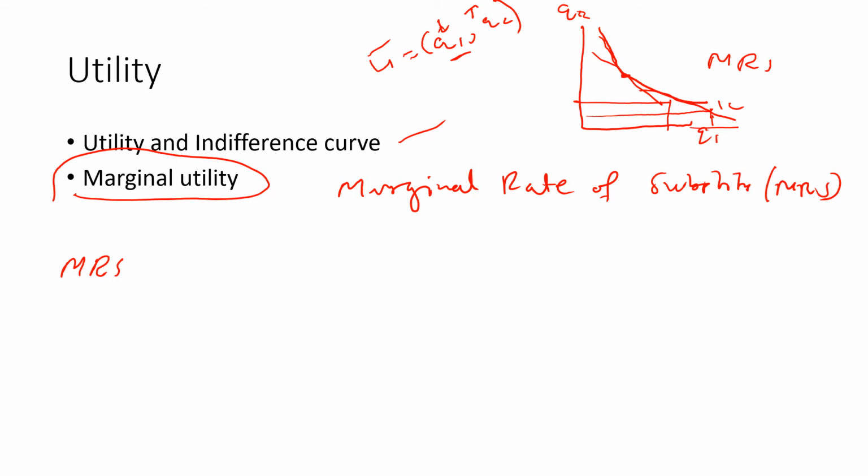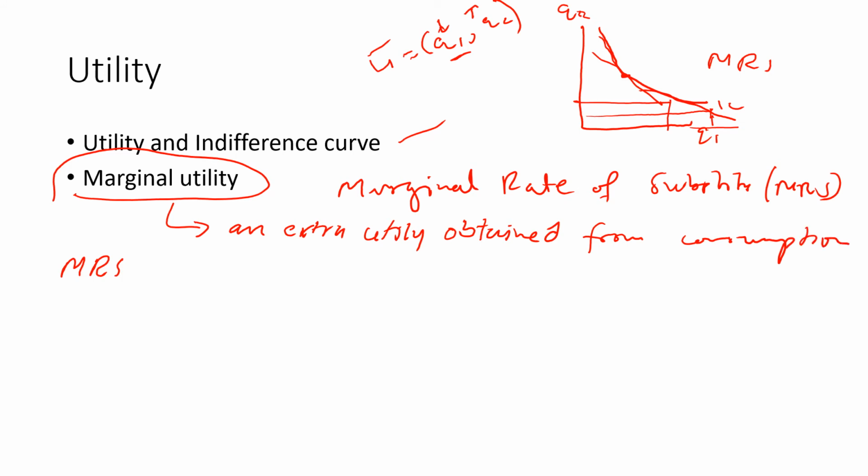So marginal utility is basically the extra utility obtained from consumption of one more unit.